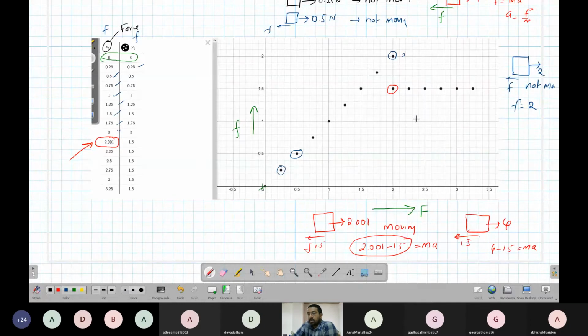Okay, what we observe is that this region is when it is moving, and this is when it is static. The force in this region is what is known as static friction force, and here it is known as dynamic friction force.